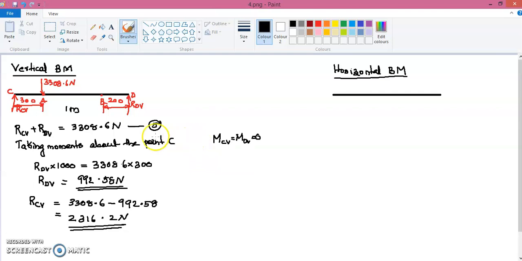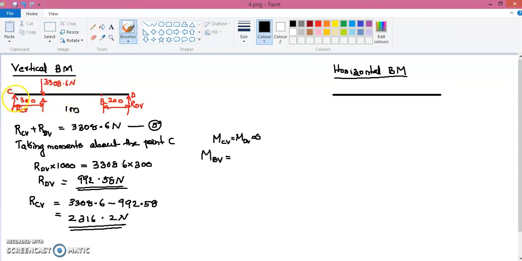Now we have to find out the bending moment at the point B because of the vertical loading, that is MBV. We can take the moment from this direction towards this point, or we can take the moment from the other direction towards the point.